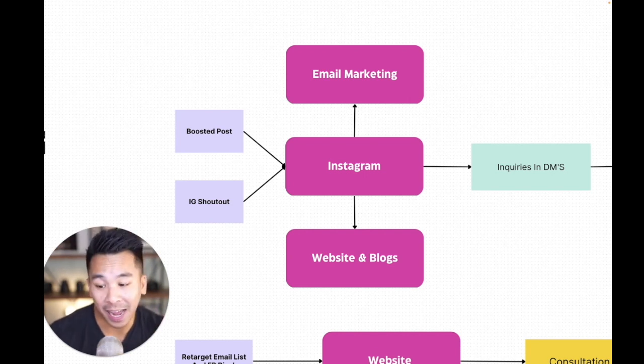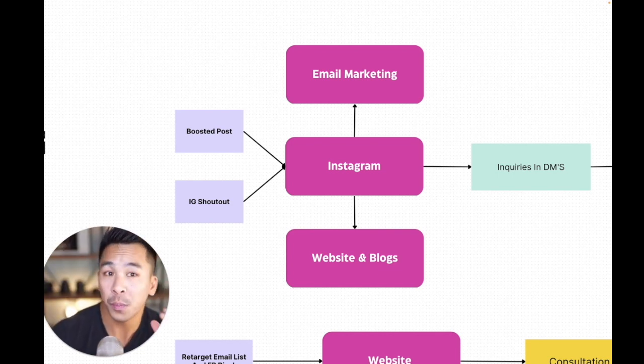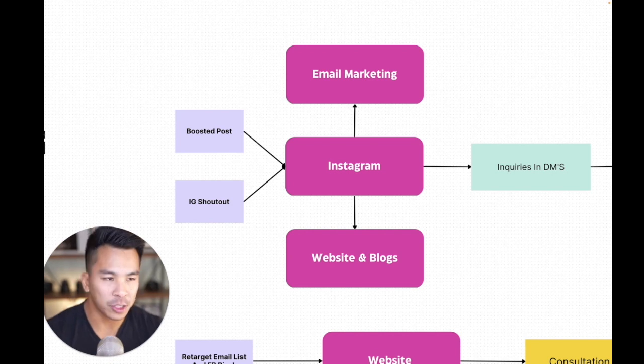You can't select newly engaged couples when you boost a post, so you're going to have to select interests like The Knot, Wedding Wire, maybe Martha Stewart Weddings, things that you know newly engaged couples are interested in and following in your city. You may be able to add a couple more things in there as well. And so we're able to get in front of newly engaged couples with these boosted posts, but other people are going to see it too, like other photographers or vendors will probably end up seeing your ads as well.